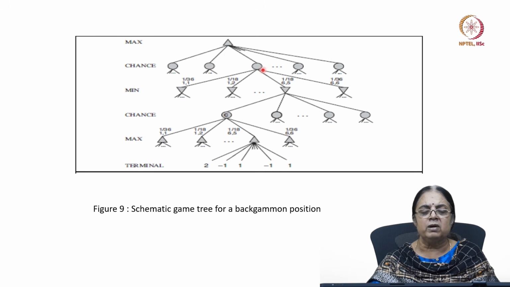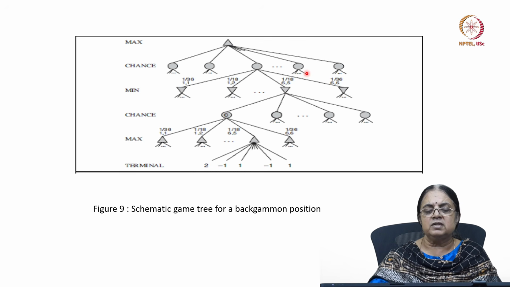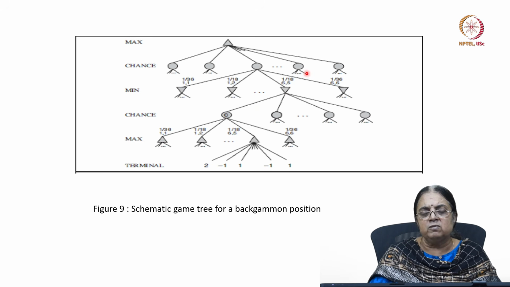So here you have the different moves that are possible. In the chance node, the different moves are 1 1, 1 2, etc. You have six in the first die and six in the second die, so altogether you have 36 possibilities.